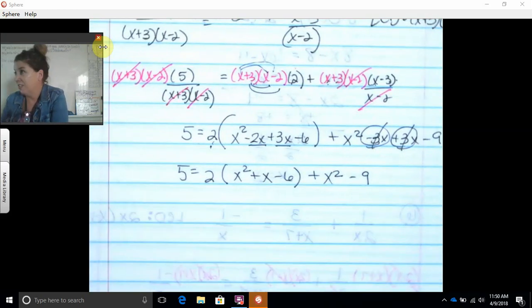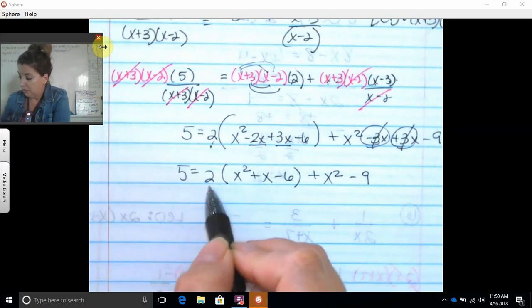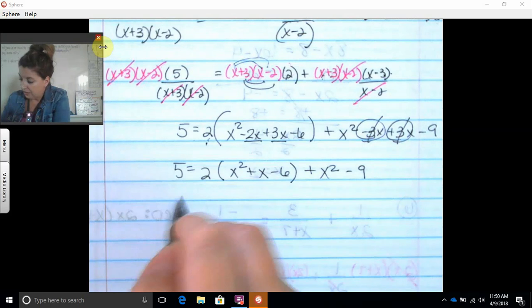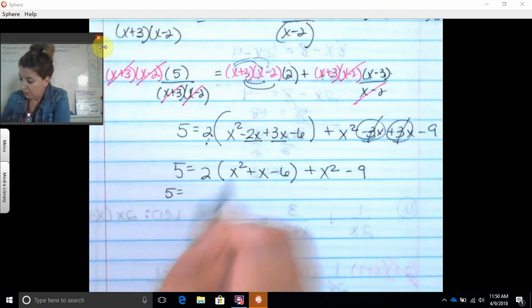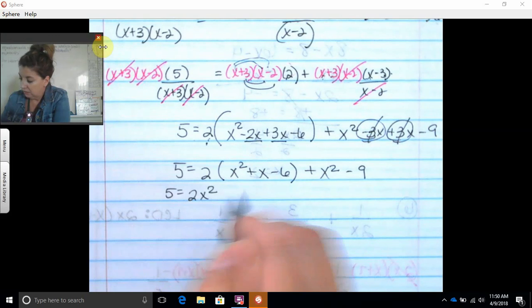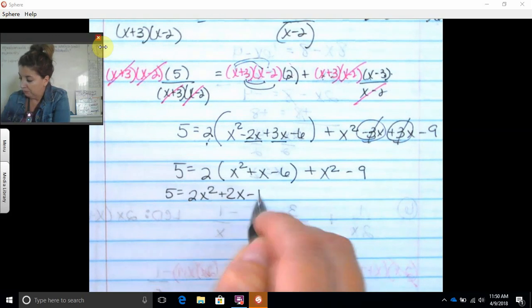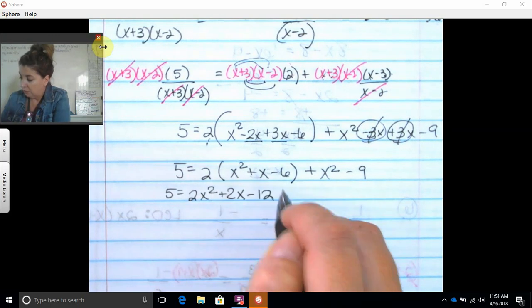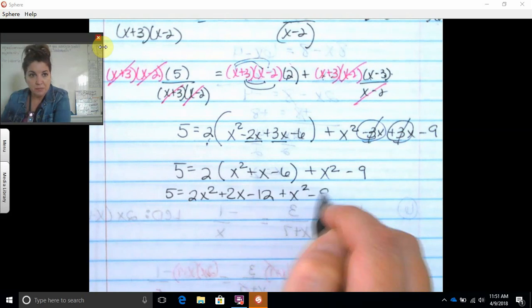This problem is cray cray. So now I'll go back and I'll distribute this 2 to what's inside the parentheses. So I have 5 equals, that'll be 2x squared plus 2x minus 12 plus x squared minus 9.